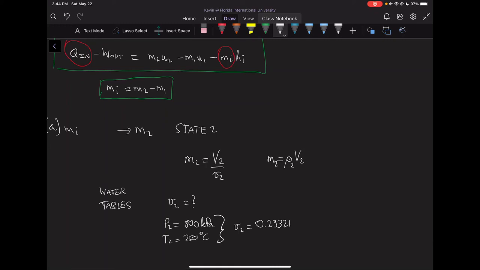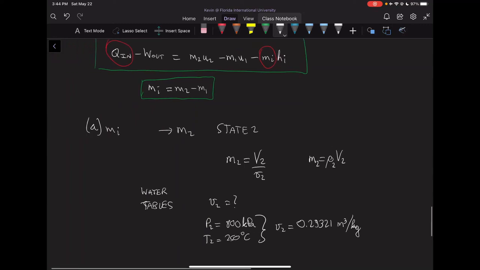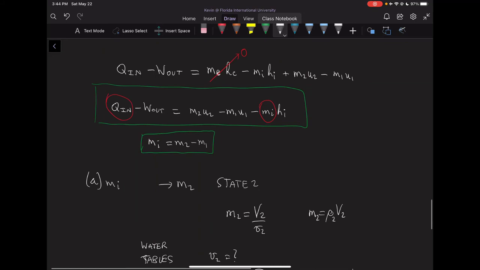Now, at this point, there are two things you can do. You can either fill your system with all the information you need to know, or go step by step. You know that at some point you're going to have to find U2.